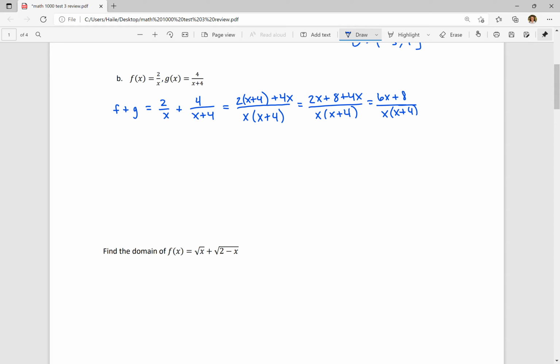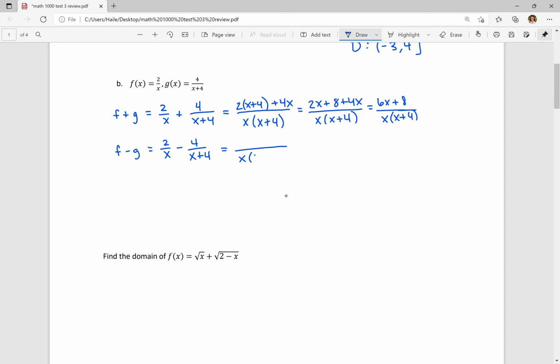For f minus g, we do the same thing, except we want to subtract. So we'll have 2 over x minus 4 over x plus 4. And if we do this subtraction again, we'll have a least common denominator of x times x plus 4.